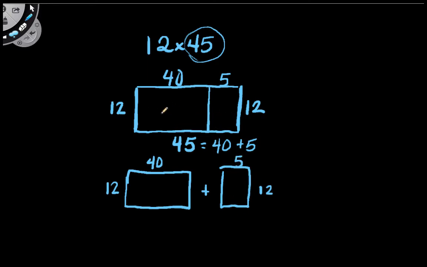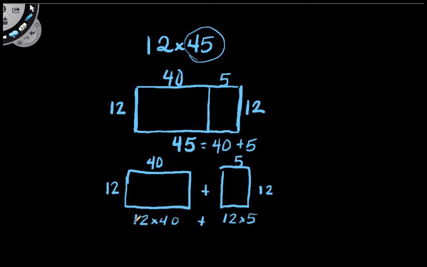We broke up this rectangle from 45 into 40 plus 5 into two rectangles. This rectangle went down here, this rectangle went down here. So we have a 12 by 40 rectangle plus a 12 by 5 rectangle.